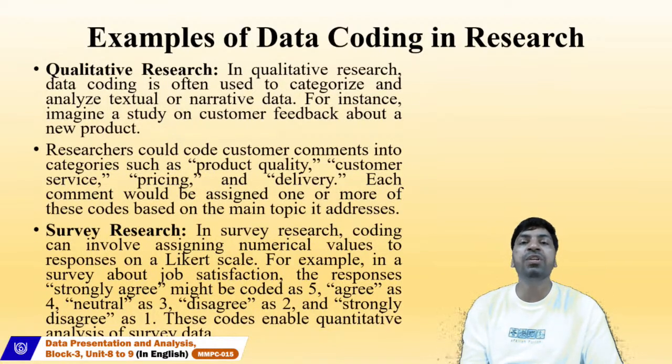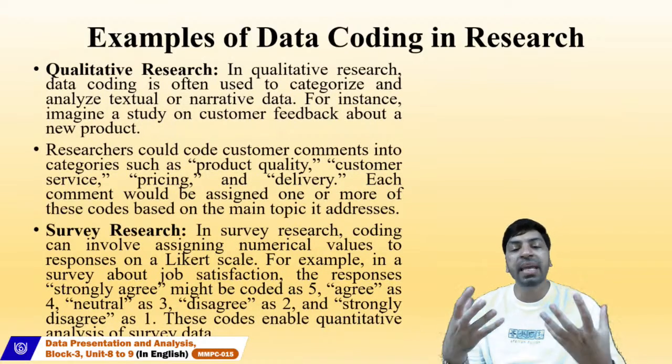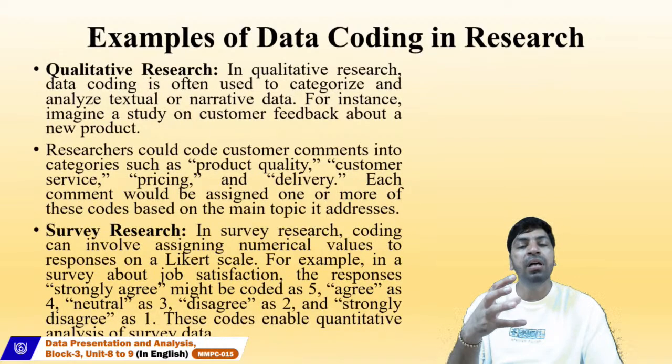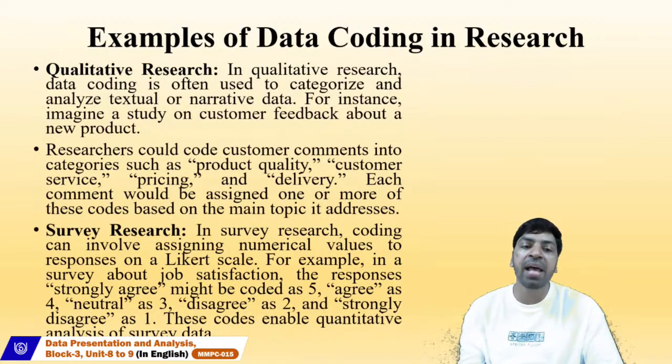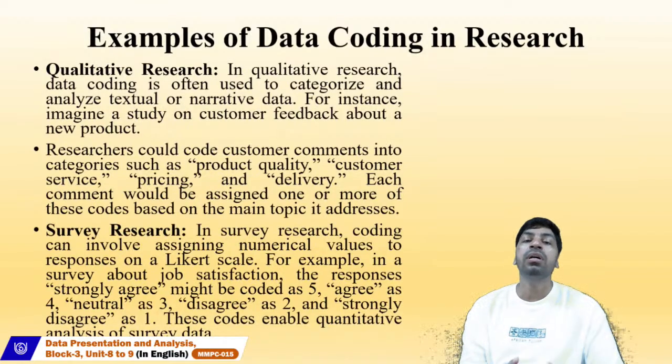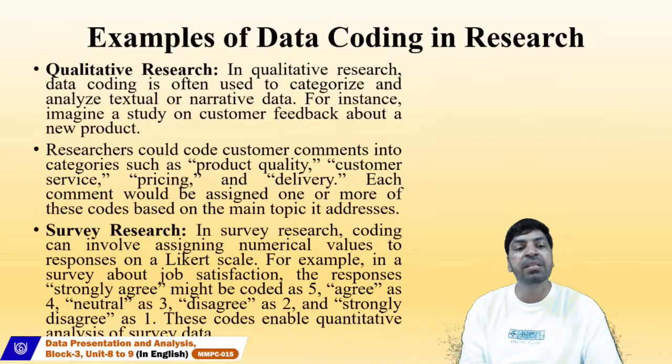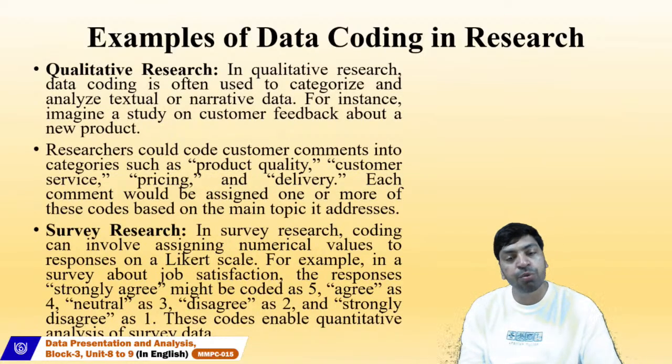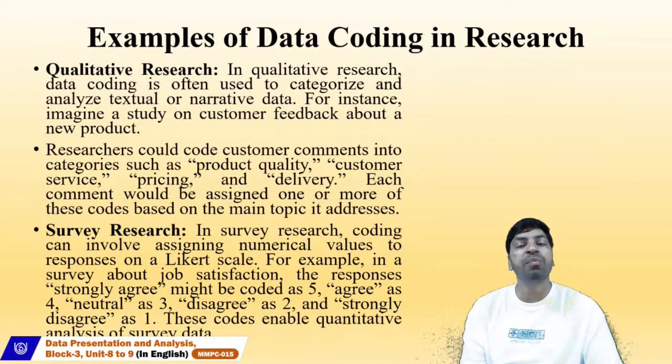In this category, we use the Likert scale or the rating scales, where we give our responses numerical values. Like if we want to assess the job satisfaction level, the responses to statements like strongly agree might be coded as 5, agree as 4, neutral as 3, disagree as 2, strongly disagree as 1.